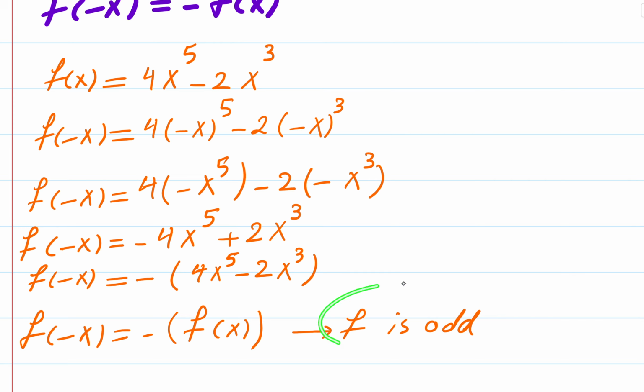So we get that function f is odd. Also, before checking f of negative x, just based on function f and the exponent of x, we can recognize that this function is odd because all exponents of x are odd.